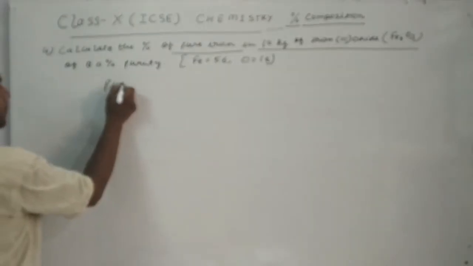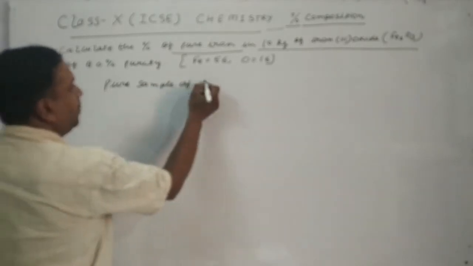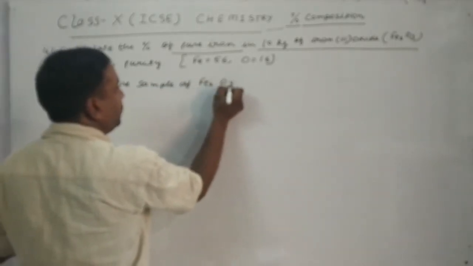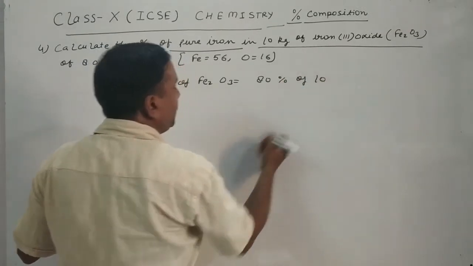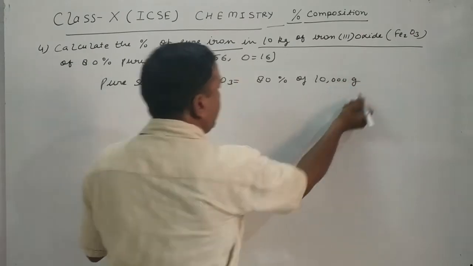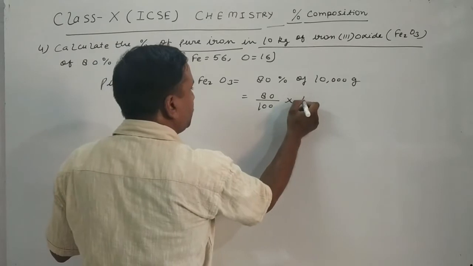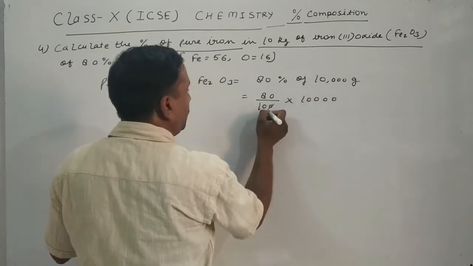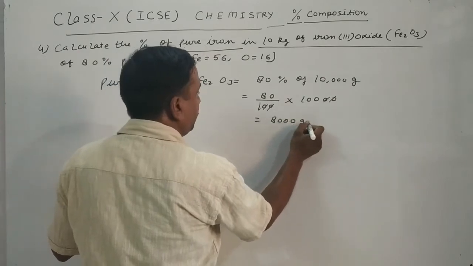What is the pure sample? The pure sample of Fe2O3 is 80% of 10 kg, or you can see it as 10,000 gram. On solving, the zeros will cancel out and you will get 8,000 gram.